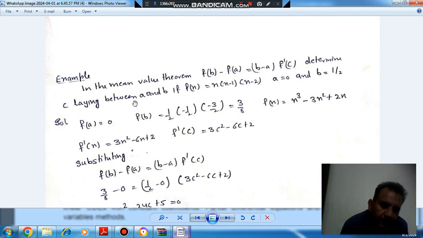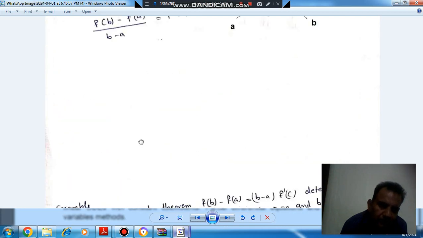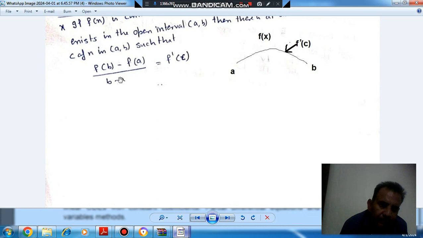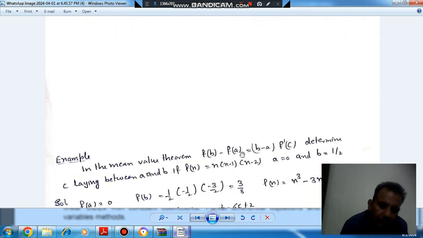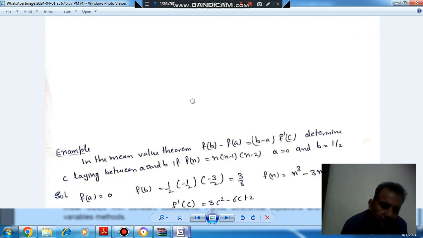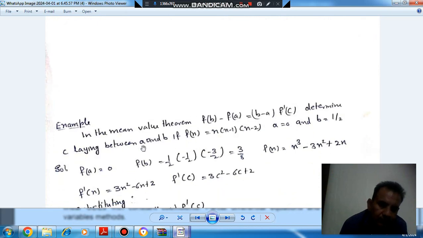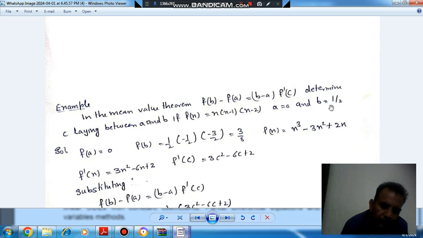Determine c lying between a and b if f(x) is equal to (x minus 1)(x minus 2)(x minus 3), with a equal to 0 and b equal to 1/2. This is the same formula; we have to determine the value of c.